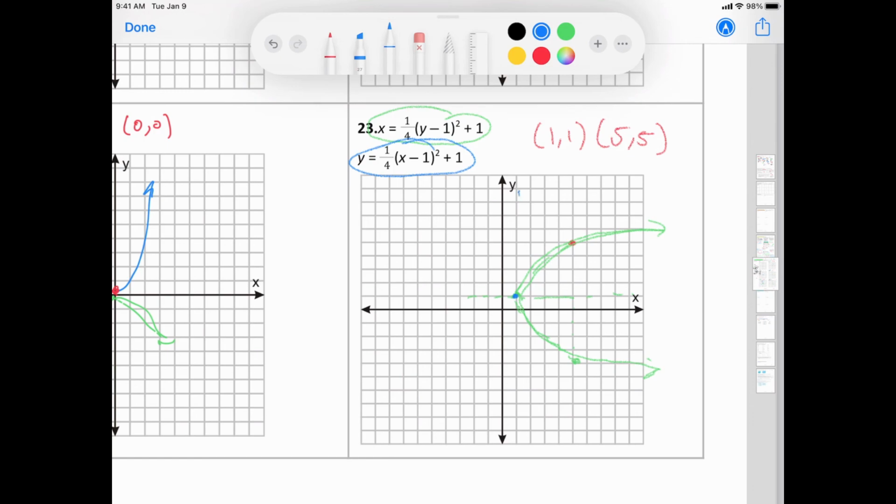And same thing. The axis of symmetry is this way, and it's 4. So you do 4 the other way. Darken the red ones so you see the point of intersections.